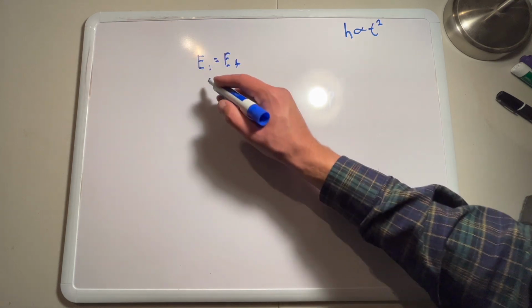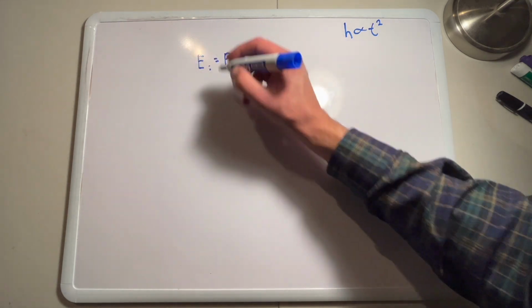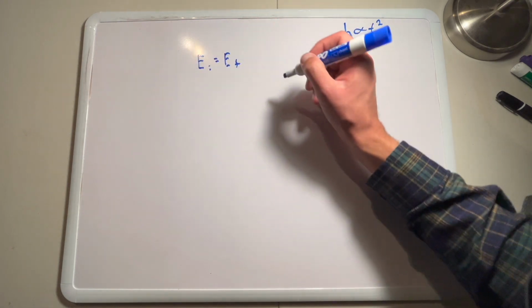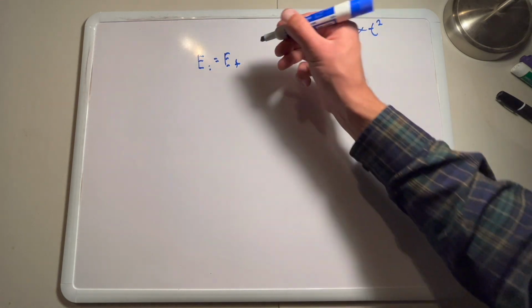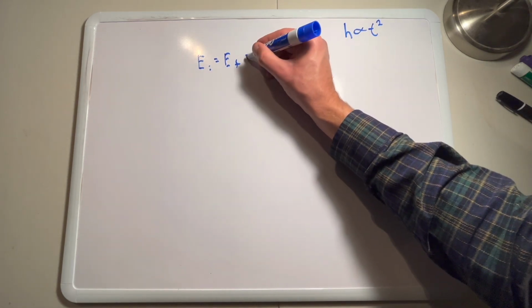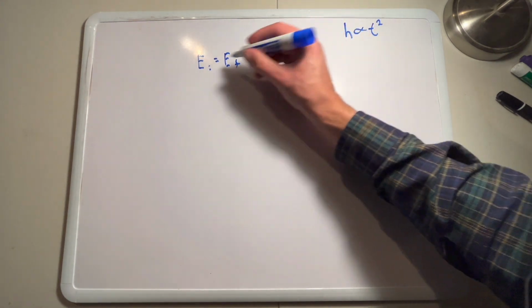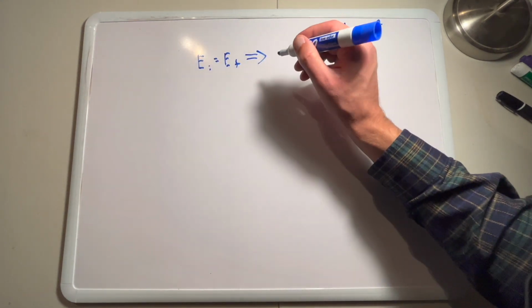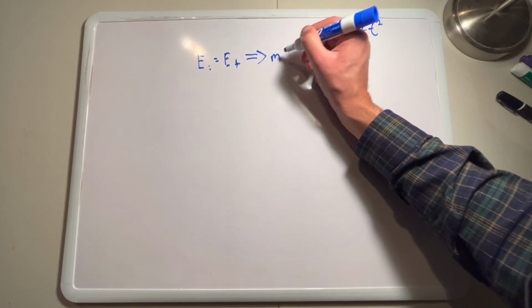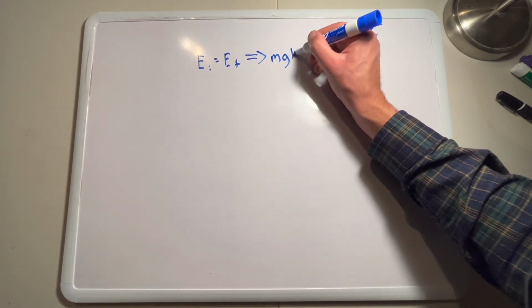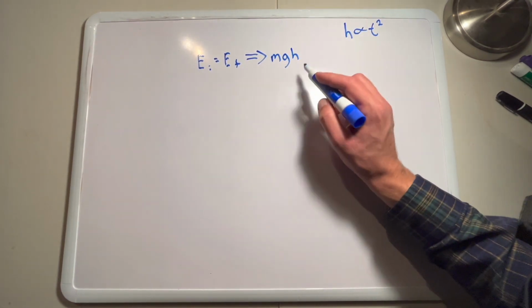Now I mentioned this guy is all just wrapped up in potential energy, and this guy's all wrapped up in kinetic energy. So let's go ahead and rewrite those guys. We'll have the potential energy, and I didn't mention this at first, but this is gravitational potential energy.